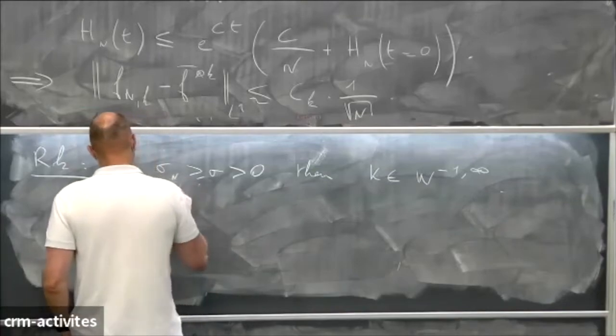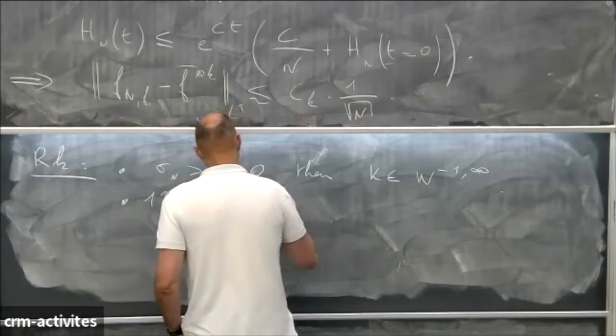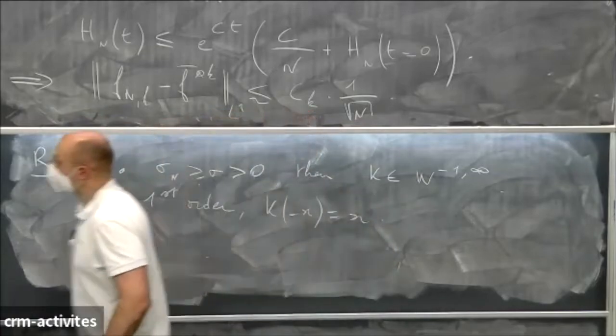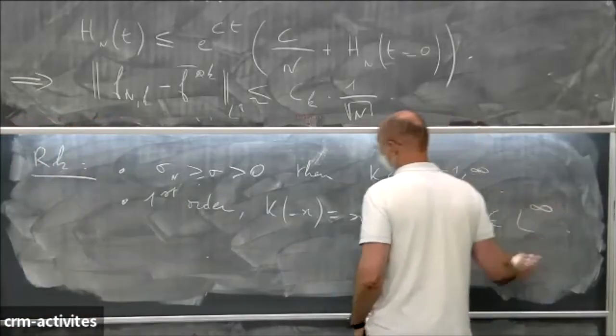And for a first order model, if k is anti-symmetric, well, I can symmetrize things here by exchanging x and y. And if I symmetrize, I'll get the difference between gradient of log f bar of x and gradient of log f bar of y. And if log of f bar is smooth, that gives me an extra x minus y, and I can use that to compensate the 1 over x singularity in K.